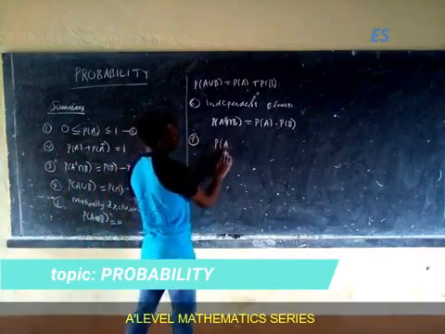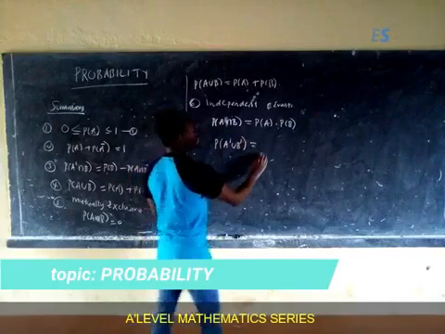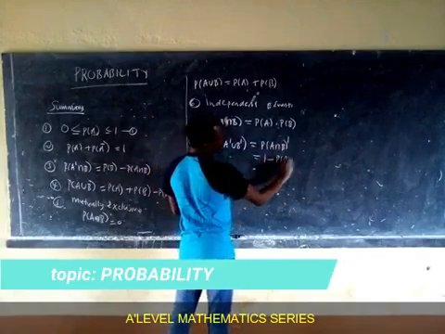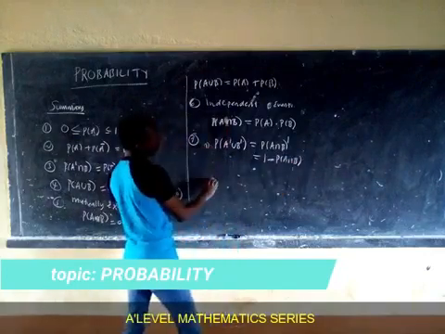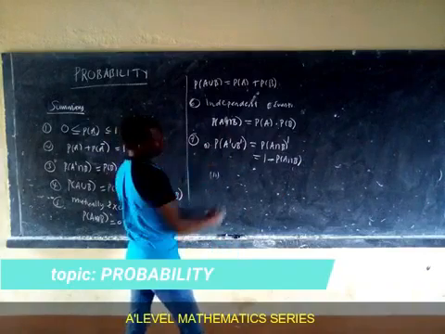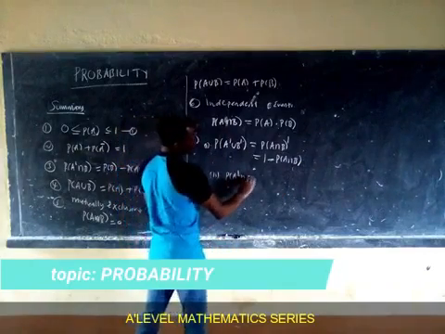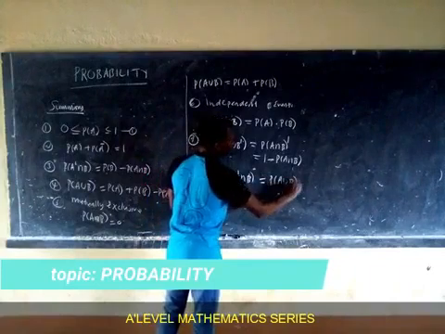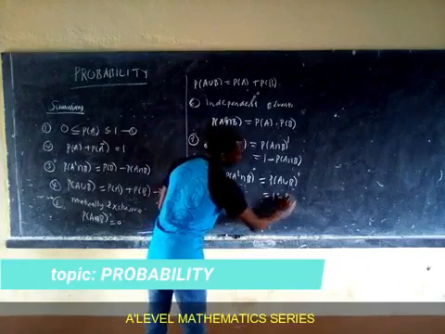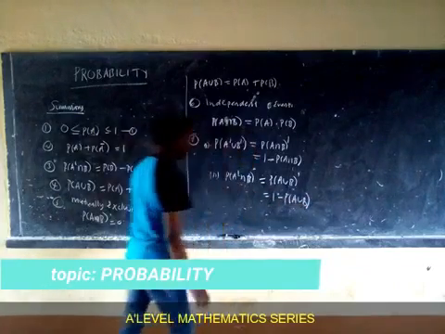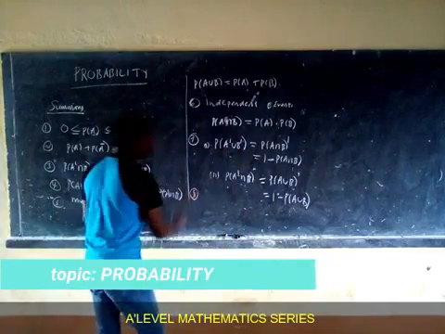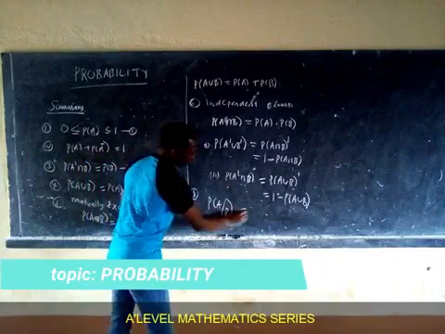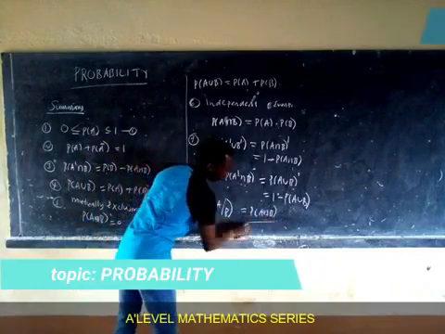The probability of A complement union B complement becomes probability of A intersection B all complemented, which becomes 1 minus probability of A intersection B. And then our second one, if I use intersection, the probability of A complement intersection B complement becomes probability of A union B, all of it complemented, which becomes 1 minus probability of A union B. And then lastly, we saw for two events A and B, the probability of A occurring given B has already occurred becomes probability of A intersection B over the probability of B.